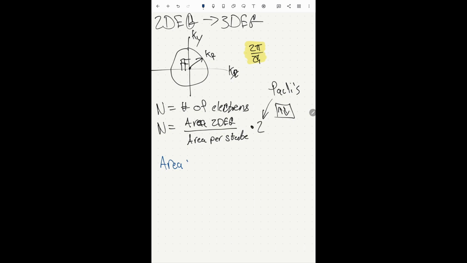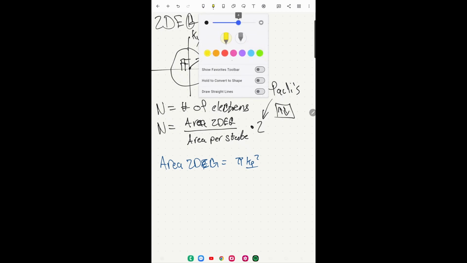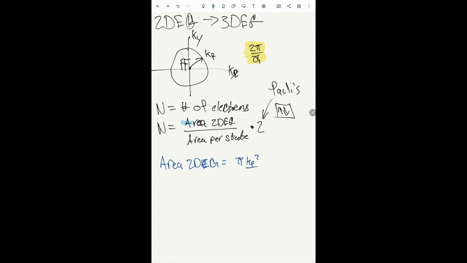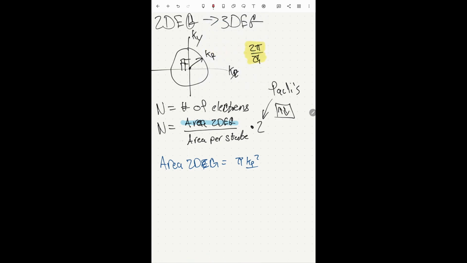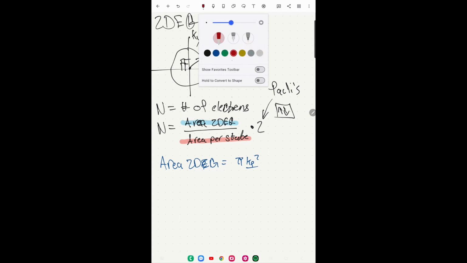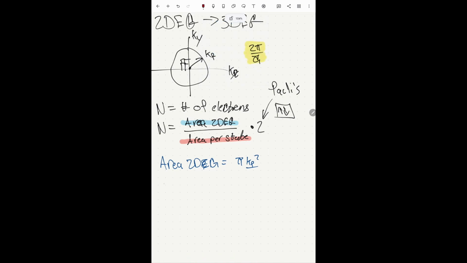The area of the 2D electron gas is equal to pi kf squared, because kf is the radius of our circle. We'll highlight this in blue so you can see where that's coming from. And I'll highlight this next part in red: the area per state.